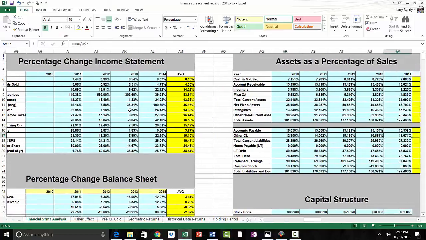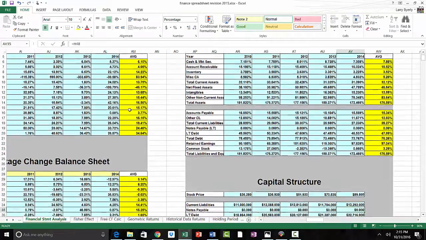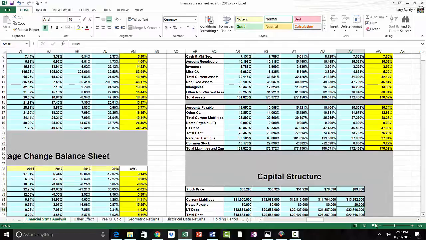Assets as a percentage of sales is obviously a great place to look. We can say, well, how much assets do we need in order to provide the level of sales that are being provided? What about capital structure? How does the company finance its operations?